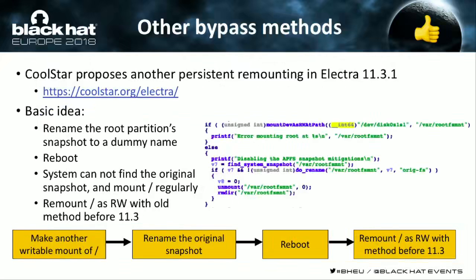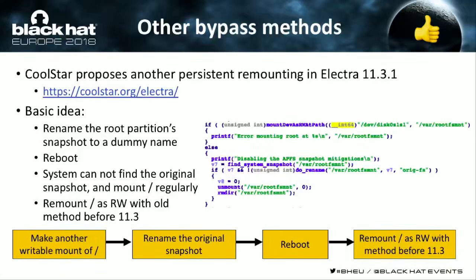Kustar has also proposed another persistent remounting solution in iOS 11.3.1. His method first makes another writable mount of the root partition as we have done here, and then it renames the original snapshot to a dummy name. Then it reboots. The system now cannot find the original snapshot since its name has been changed.